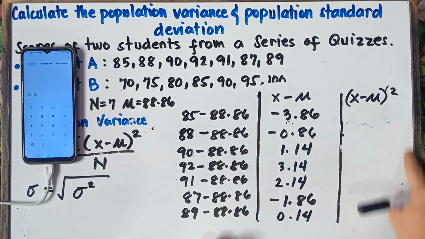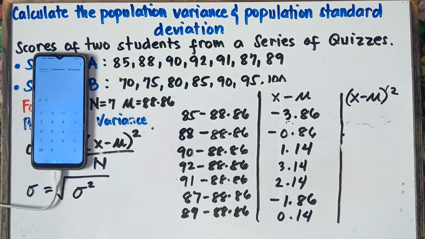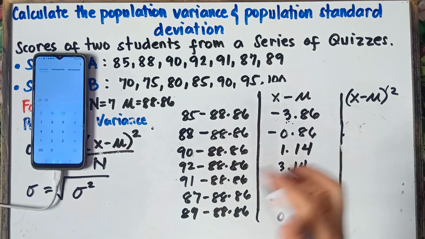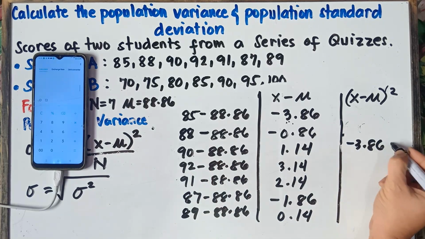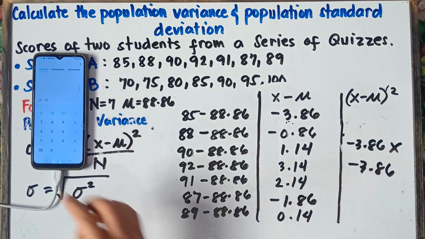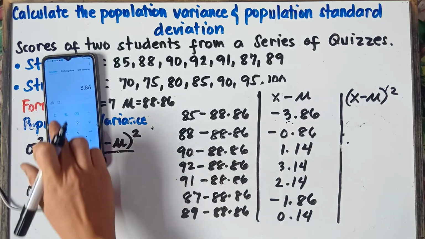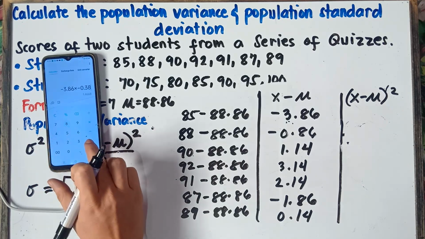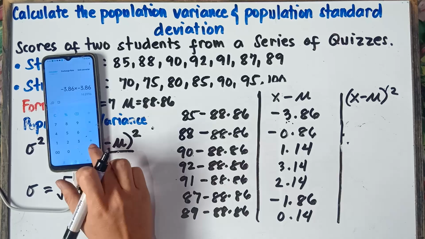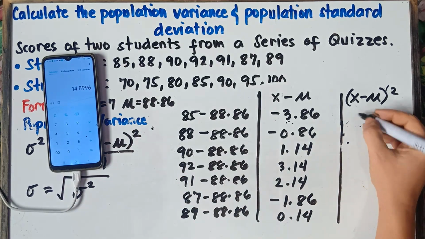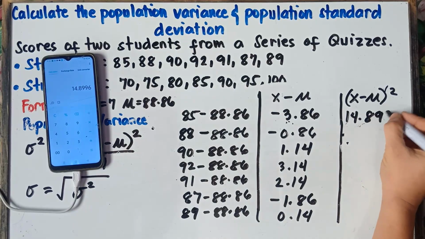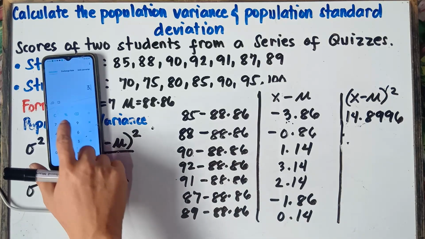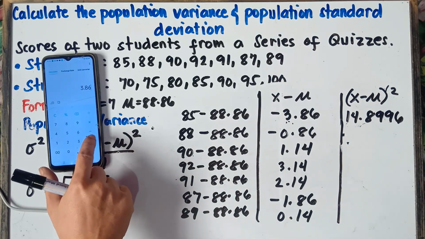So I will just write down positive 3.86 times positive 3.86, because the answer is still positive. The correct solution should be negative 3.86 times negative 3.86, but I can just write positive because you will have the same answer anyway, and it takes time to write the negative sign.